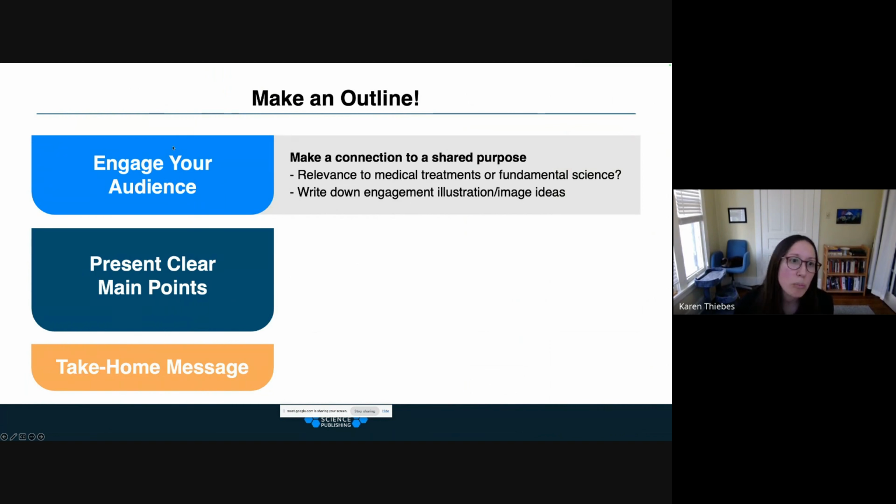And I do think it's really important to do the engage your audience bit at the very front of your talk. You can use these tips throughout to have images and make interactions throughout your talk, but it's most important that you do this at the very beginning of your talk. And my favorite thing to do is to make sure that whatever image or engagement idea, sure, the cat is cute and fun, but I think the most effective, especially with scientific communication, is to make a connection to that shared purpose, right?